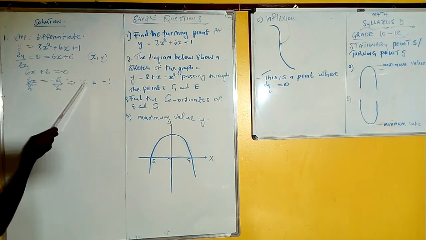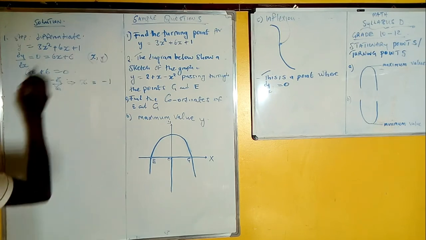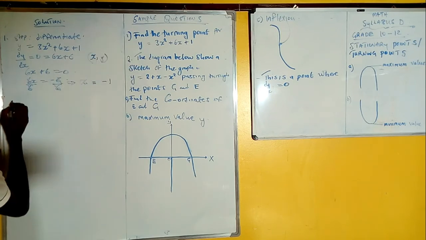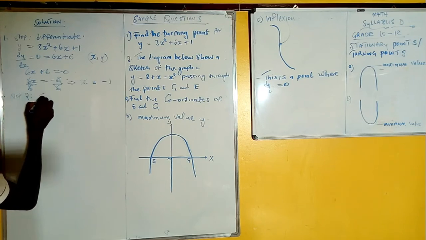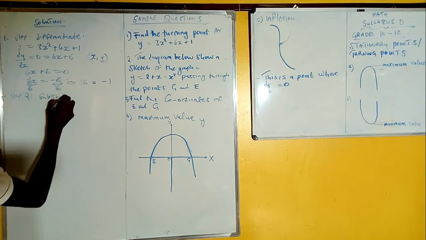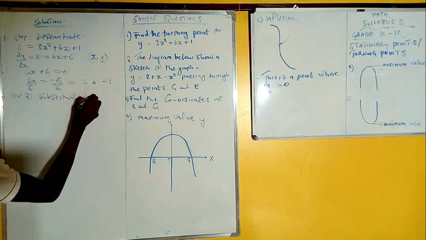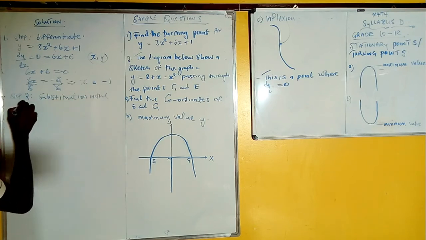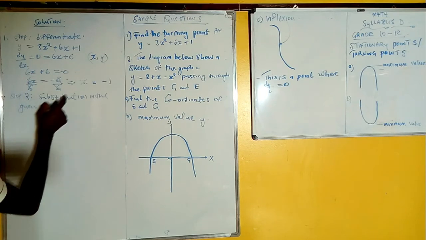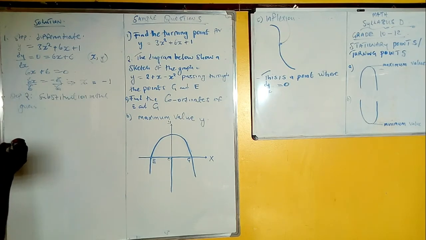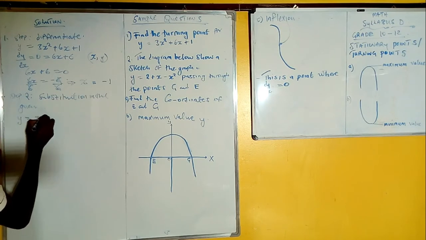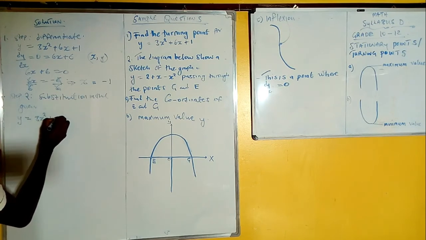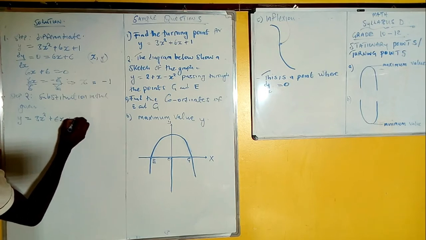So having found the value of x, the next thing you are going to do is substitute into the same equation. Step 2: substitution into the given equation. What are you substituting? The value of x which we have found. So y is equal to 3x squared plus 6x plus 1.